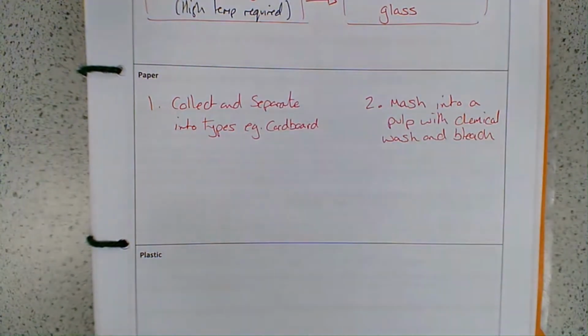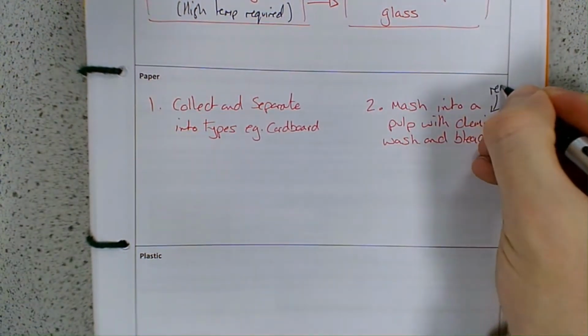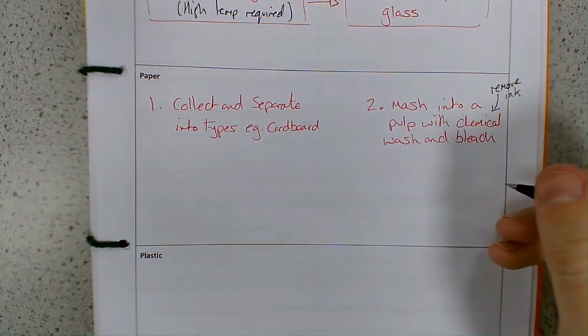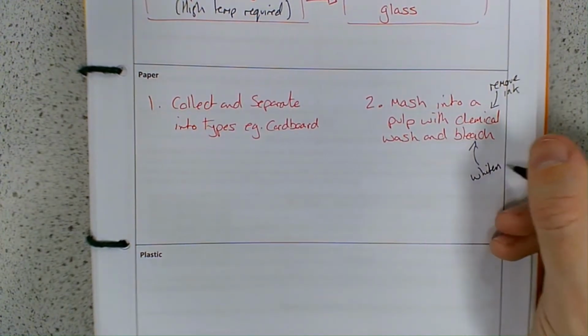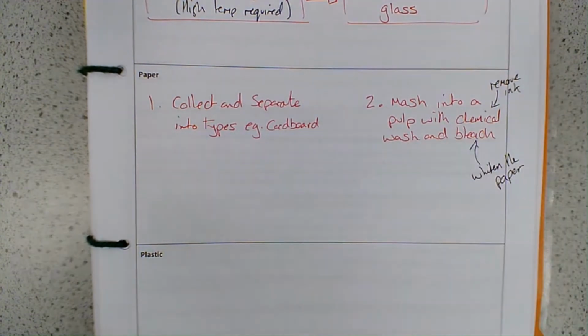Okay, and those do 2 things. The chemical wash is to remove the ink, and the bleach is to whiten the paper. Otherwise, we're going to end up with almost like that brown papyrus type paper.